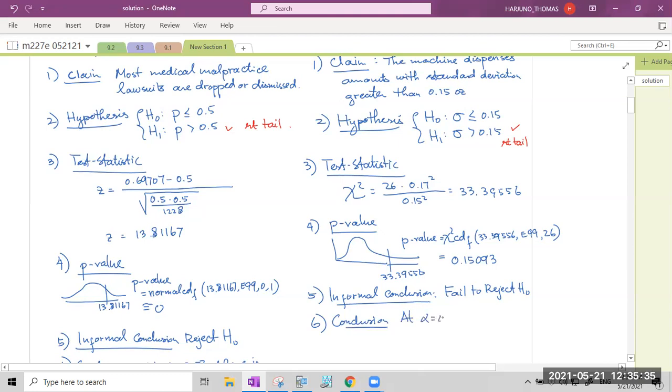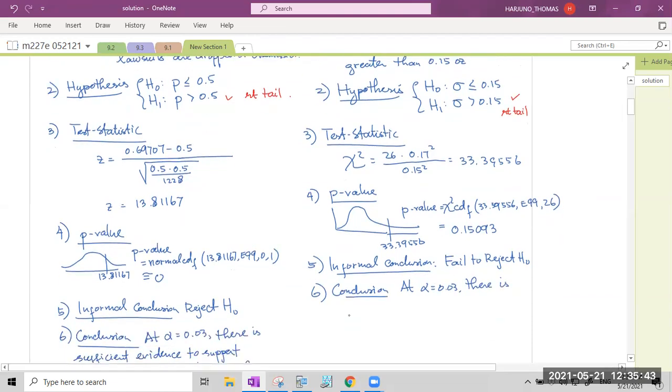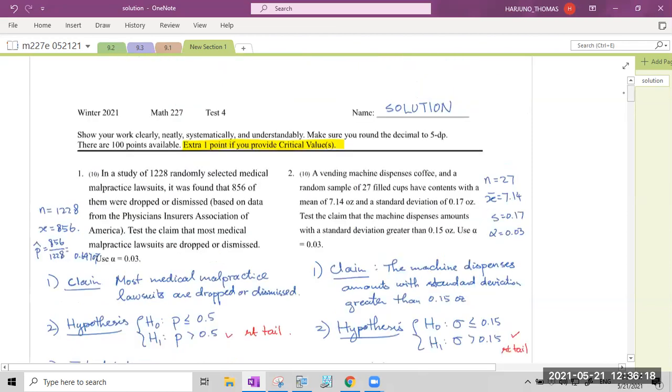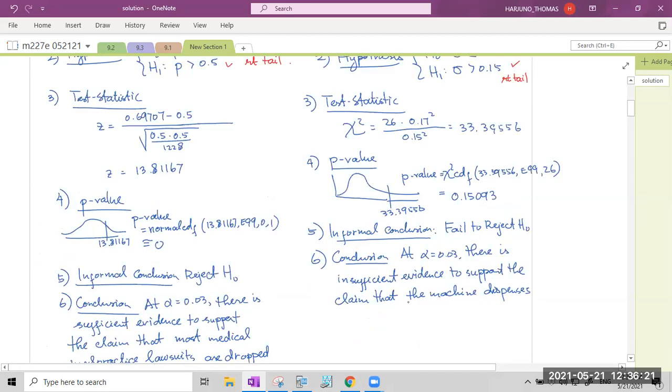At alpha equals 0.03, there is insufficient evidence to support the claim that the machine dispenses amounts with standard deviations greater than 0.15.